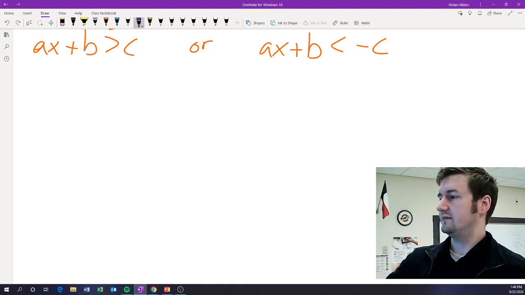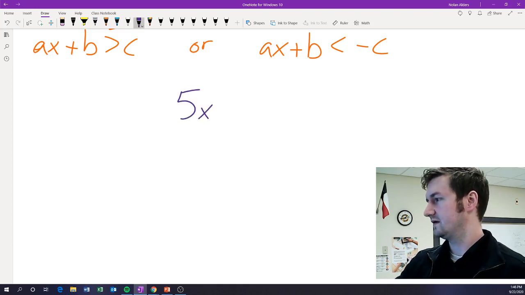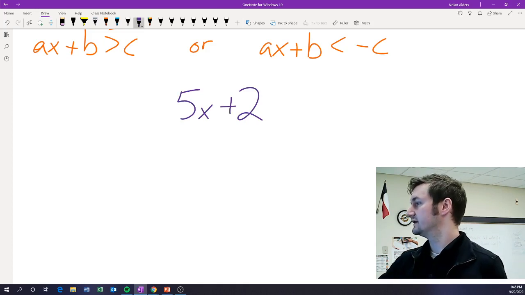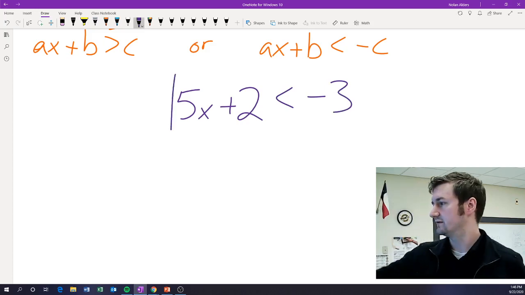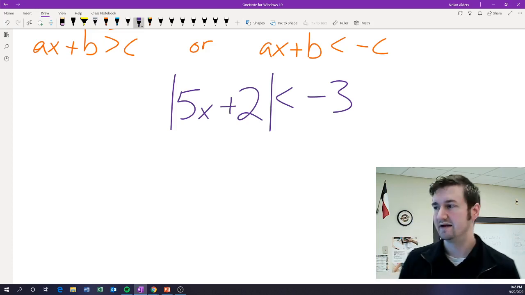So let's say, for example, we have this inequality: 5x plus 2 is, let's say, less than -3. All right, and this is supposed to be absolute value, sorry. The absolute value of 5x plus 2 is less than -3.